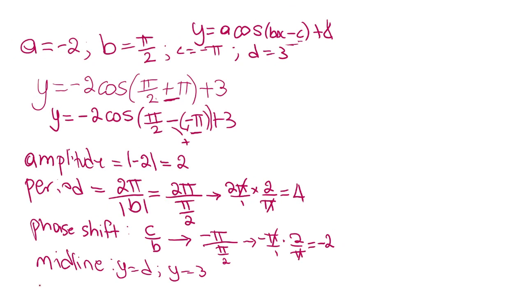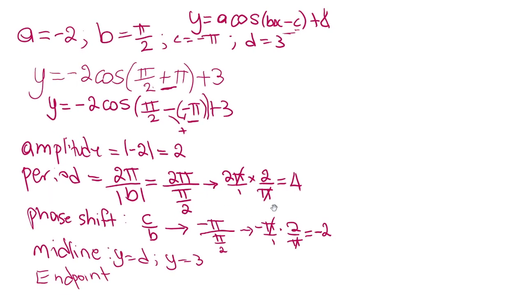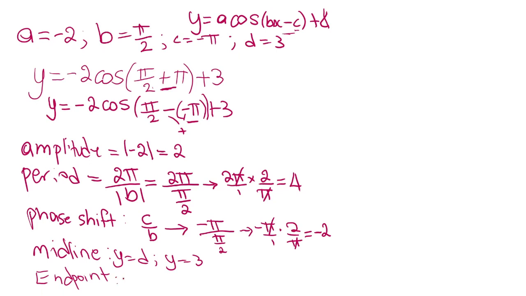Well, that's going to be your starting point plus your period. It's going to be negative 2 plus 4, right? Your starting point plus your period. Actually, we don't know our starting point, because we're shifting 2 units to the right. So let's not worry about that right now.